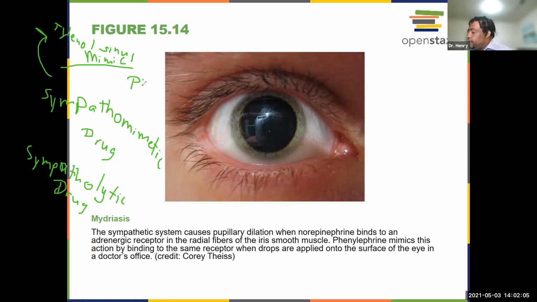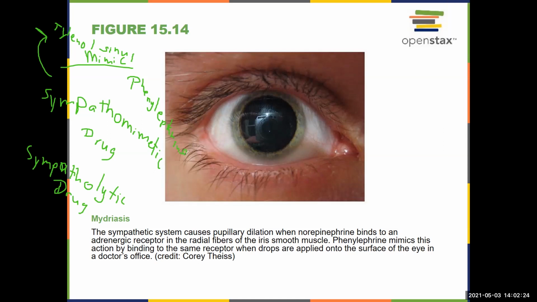It basically has phenylephrine, and it's known to cause decongestion.